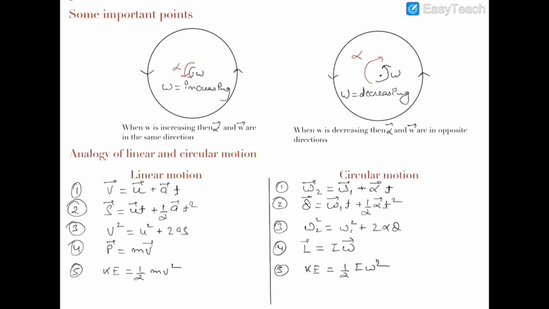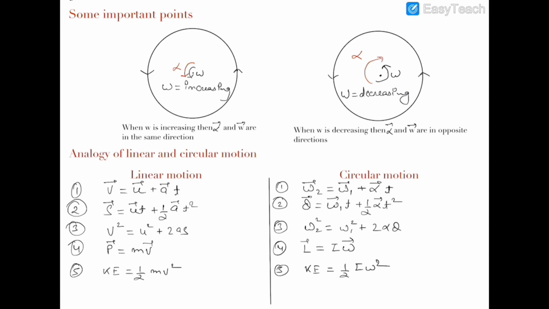Now there is a very important thing about the angular acceleration. The angular acceleration does not depend on the sense of rotation. In fact, it is in the direction of the angular velocity if the angular speed is increasing. In a similar way, if we are moving in a straight line and our speed is increasing, then acceleration will be in the direction of our velocity.